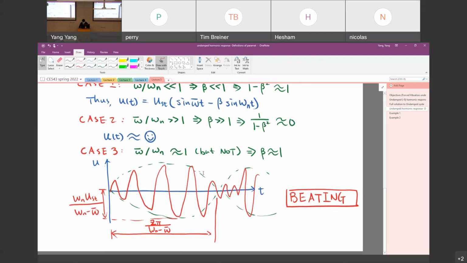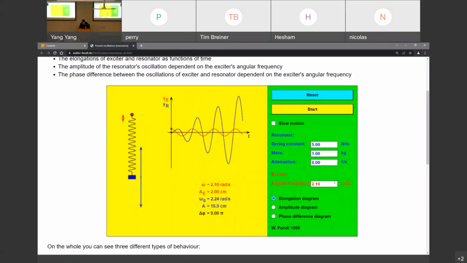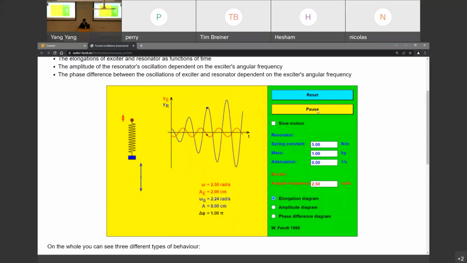So that's the beating. So we can have a frequency smaller than that, or we can have 2 point, for example, larger than 2.5. Let's say 2.5, we want to have a similar one. 2.6 or 2.7.